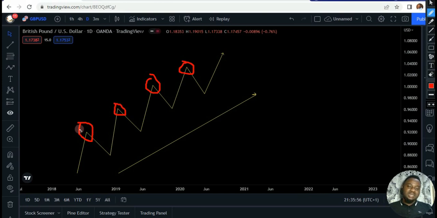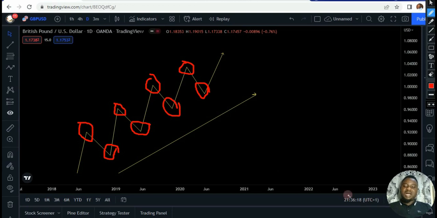This is higher than this in price. This is higher than this, and this is higher than this. So also look at the swing lows. We call these swing lows. You have higher swing lows as price progresses. So once you have this pattern set up, you know that we are on an uptrend.